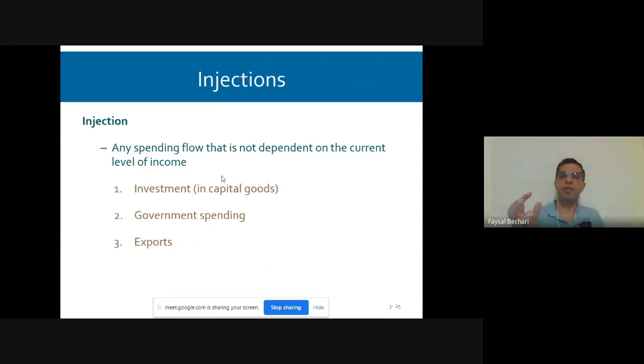Let's say you have a debt, and you have to make a payment on it. That could be a transfer payment, where no good is coming in; you've already consumed it. Now, the injection is any spending flow that does not depend on the current level of income. So investment in capital goods, government spending, and exports are an injection of money into the economy.